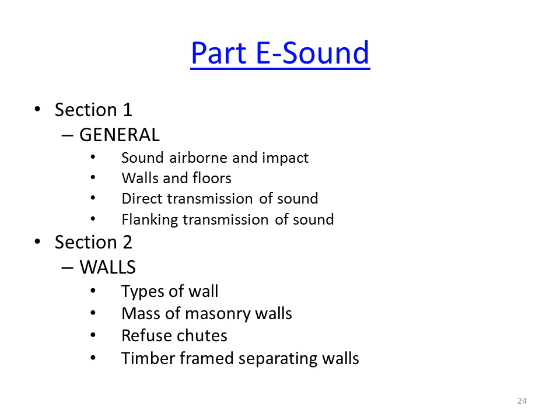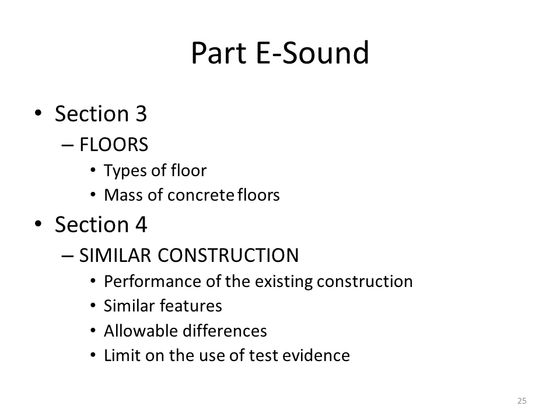Part E, sound. Section 1 covers general information such as sound, airborne and impact, walls and floors, direct transmission of sound, and flanking transmission of sound. Section 2 covers walls, types of wall, mass of masonry walls, refuse chutes, and timber frame separating walls or studded walls.